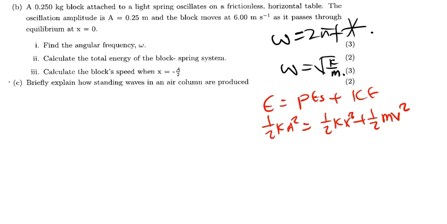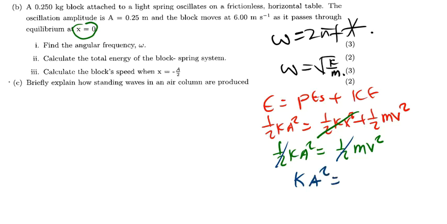One thing we have to understand: as it is passing through x equal to 0, we don't expect the elastic potential term. So we have half Ka squared equals half mv squared. Let's cancel half. So we have now Ka squared equals mv squared. Our goal is to find the k value. Divide both sides by a squared. So we have k equal to m v squared over a squared.